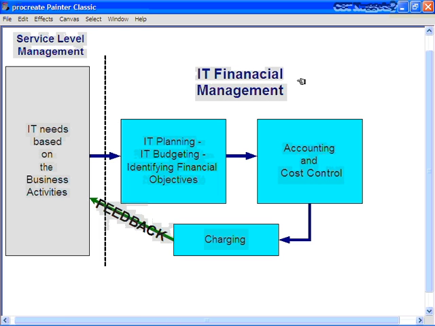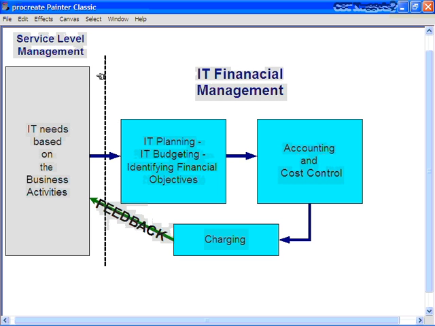And the goal here, you can see in this diagram how these things work together in synergy. We're working with the service level management aspect of our organization. So SLM is going to feed into IT financial management. In other words, our infrastructure needs, our IT needs, are based on the activities of our business as defined by service level management and our associated service level agreements.